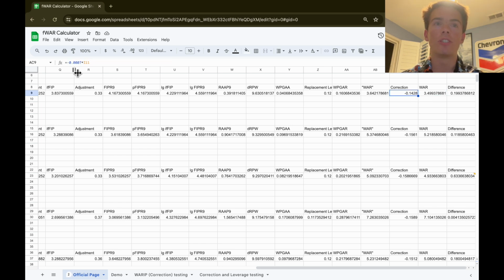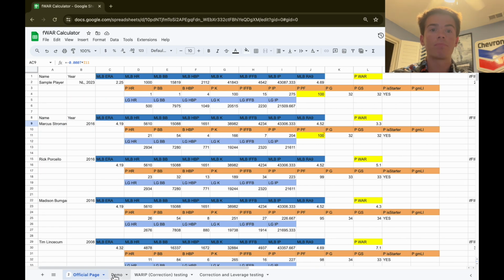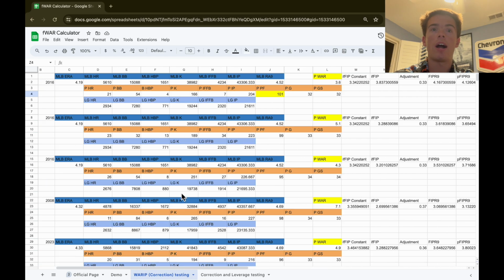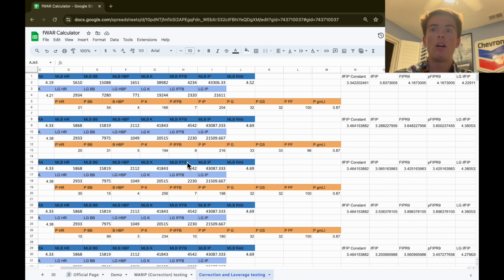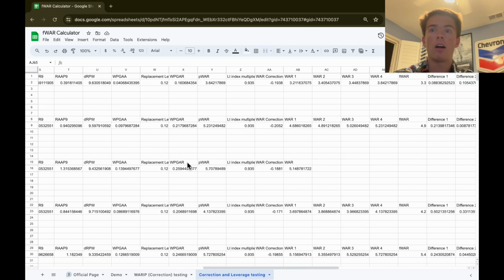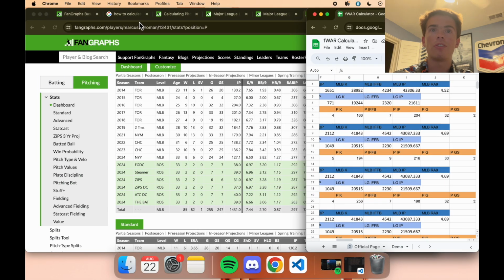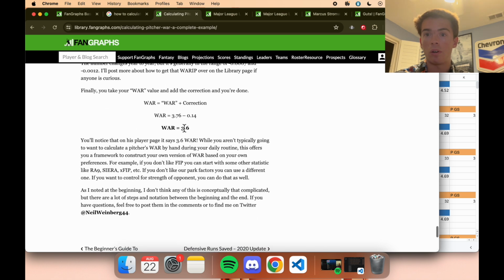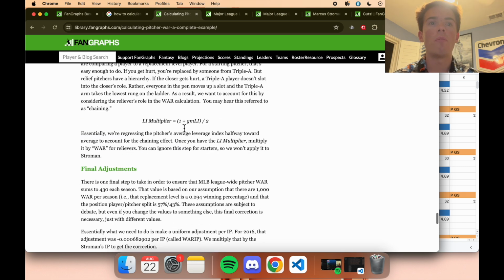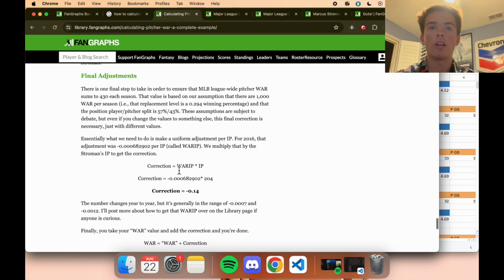I was using 0.007, and I can actually show why I found that using different values. There are multiple routes you can go. Let me rephrase and restart. So the biggest potential areas for difference are this leverage index multiplier and this WAR-IP.